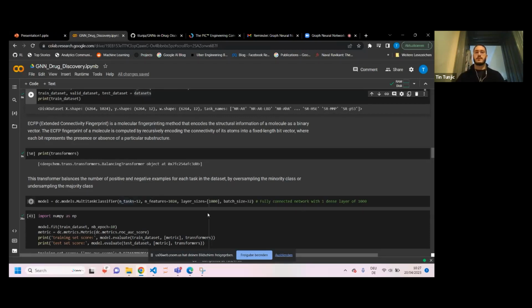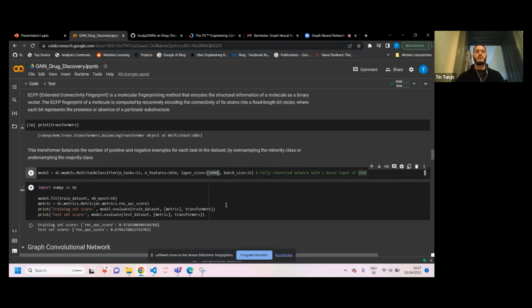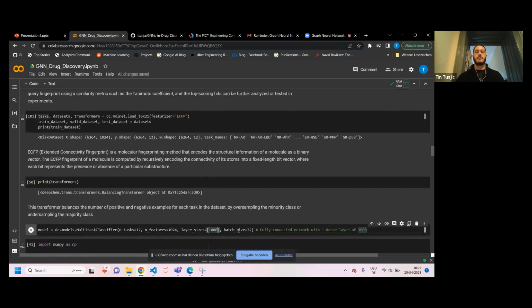So basically, the length of this list of layer sizes is how many layers this network has. In our case, it's only one layer because it's pretty simple, because we don't care now about the optimal performance.